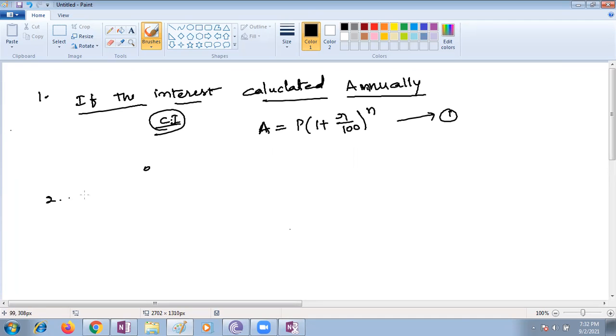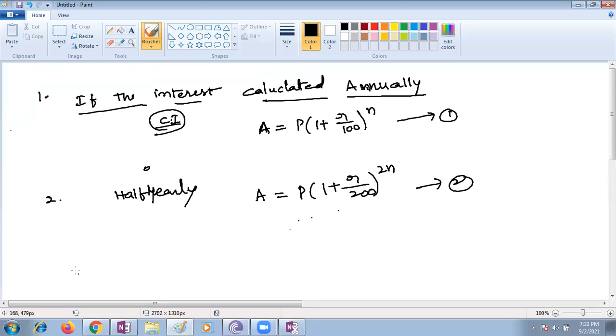Same thing, if interest is calculated half yearly, the amount formula is nothing but P into 1 plus R by 200 whole to the power 2n. We will do all these varieties of sums so that you can clarify your doubt.